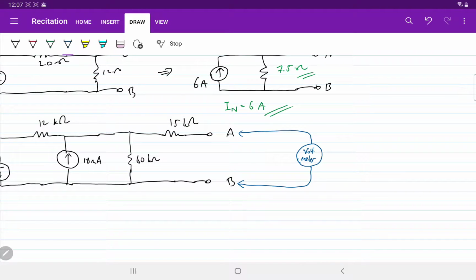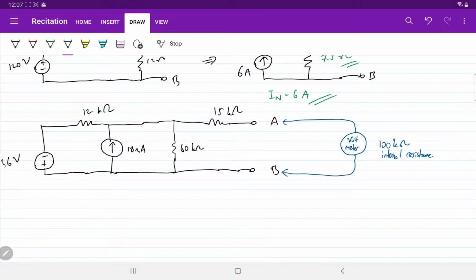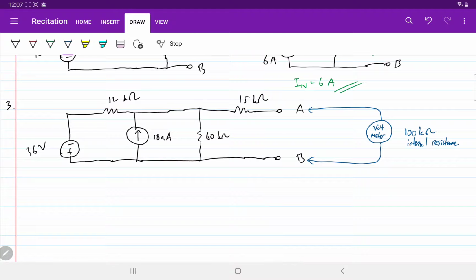But this voltmeter has 100k ohms internal resistance, and the question is, what is the reading of this voltmeter when we connect it to terminal AB? So what is the voltage reading from this voltmeter? That's the question.